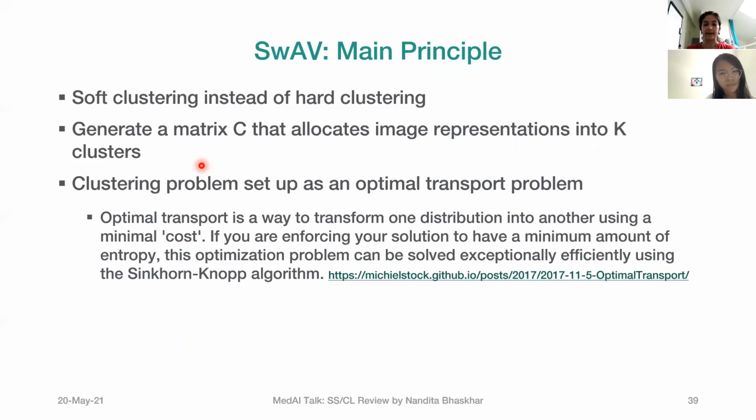I'll skip over this part a little bit in the interest of time. But if you are interested in learning how exactly we get this other distribution called Sinkhorn, like how do we get a probability distribution from the K scores, they treat it as an optimal transport problem, and the way to solve this optimal transport problem is using the Sinkhorn-Knopp algorithm, which gives you two marginal probability distributions.